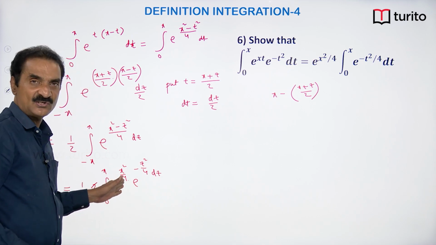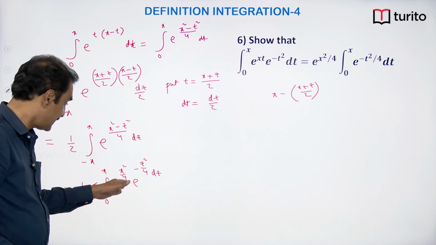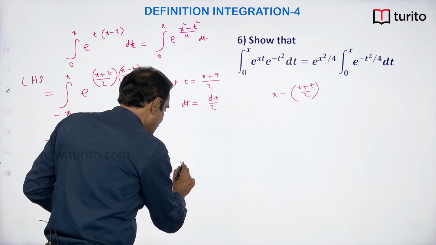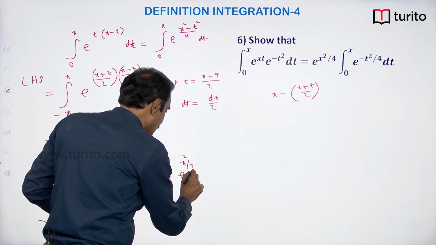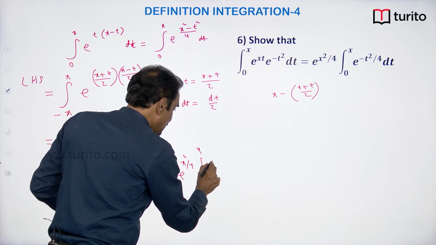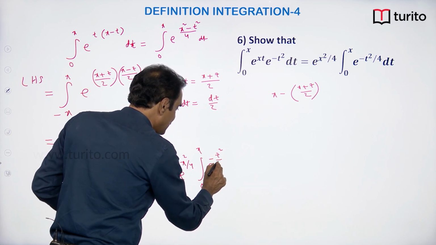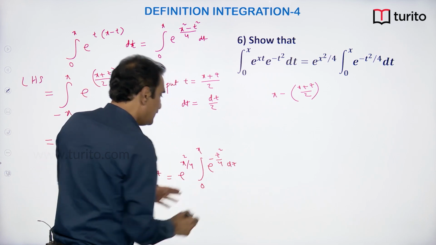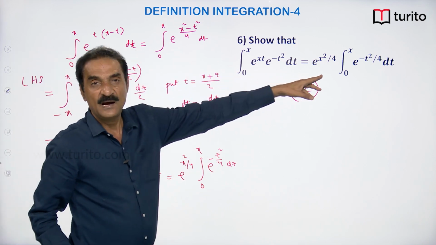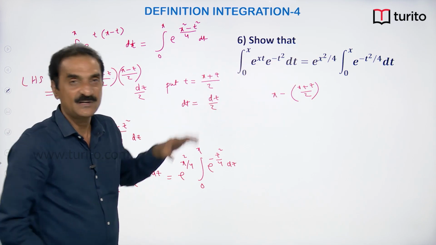Now x is constant, independent of z, so I can take e power x square by 4 common: e power x square by 4 integral 0 to x e power minus z square by 4 dz. Now we can replace z by t and get the RHS. So LHS is equal to RHS.